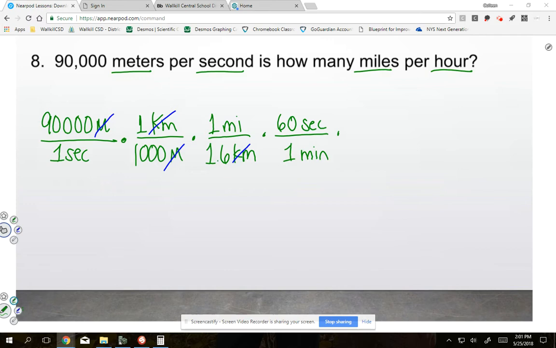But now I need 1 more to get me to hours. Jenna? 60 minutes equals 1 hour. So now my seconds cancel and my minutes cancel. I'm left with hours and miles. Multiply the numerators, multiply the denominators, divide, and we'll have miles per hour.